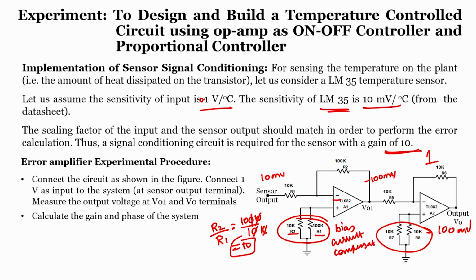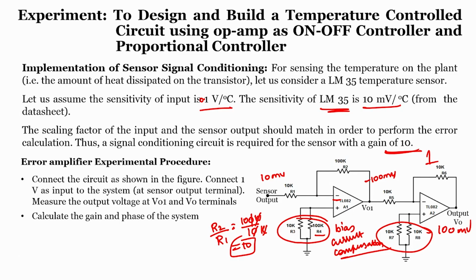To compensate for the bias current of an operational amplifier, if I connect R2 and R1 in parallel, it can be completely compensated. That is the reason the resistors R1 and R2 have been connected in parallel, so that the bias currents are also compensated.